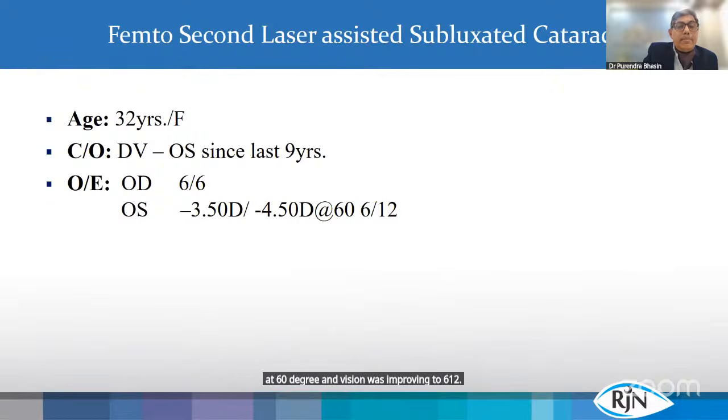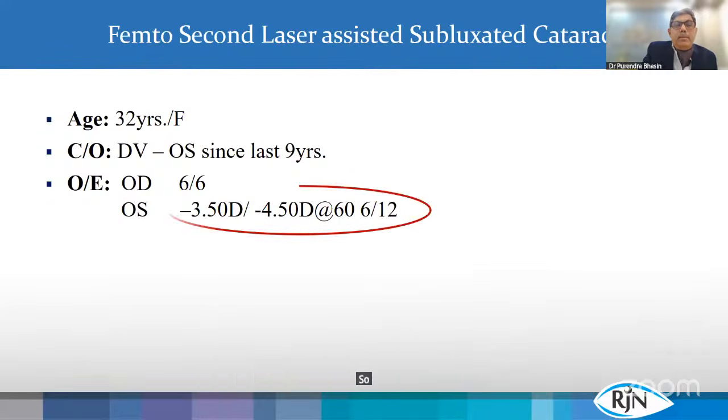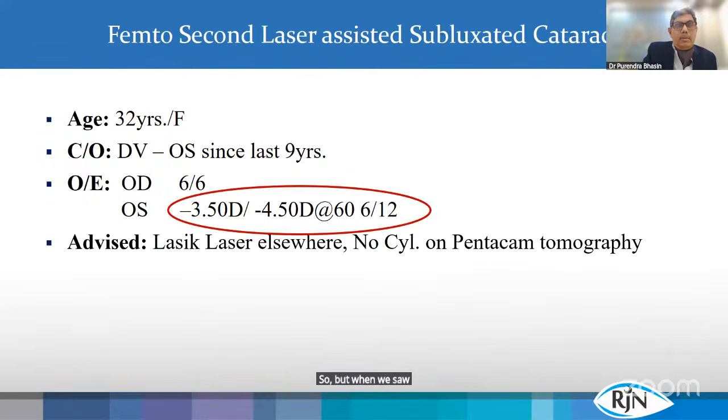She came for refractive correction, and at another place she had also been advised LASIK surgery. But when we did the tomography, we didn't find any cylinder on the cornea. So this cylinder which was coming in the refraction was from the subluxation of the lens.